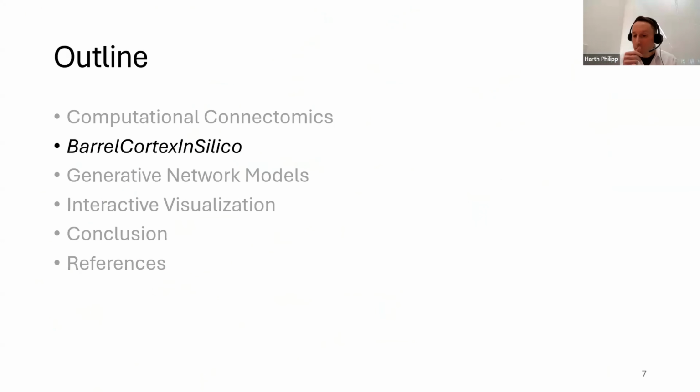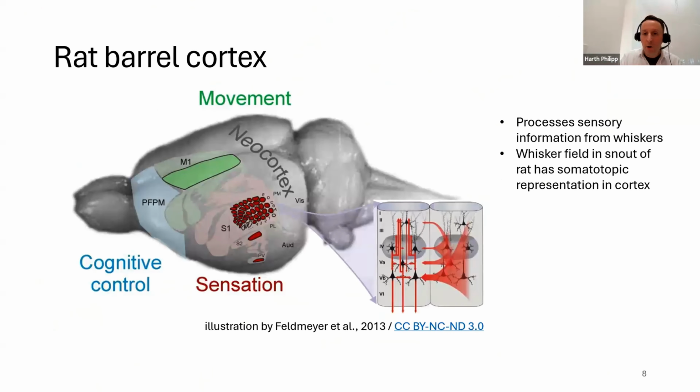Now, we started with a light microscopical model of the rat barrel cortex. This has been the domain in which our cooperation partners in Bonn have been extensively working over many, many years. What is the rat barrel cortex? It's an area in the somatosensory cortex of the brain, and it processes sensory information from the whiskers in the snout of the rat.